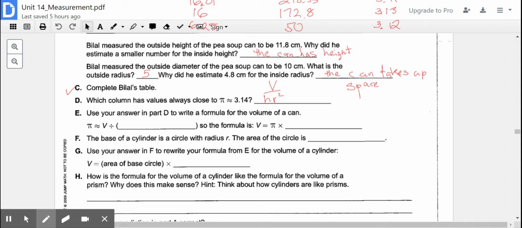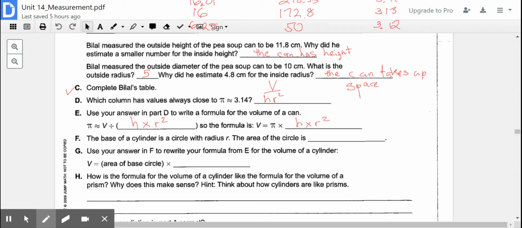Now, we want to use our answer in D to write a formula for the volume of the can. So pi is equal to the volume divided by the height times the radius squared. So the formula for the volume then equals pi times the height times the radius squared.